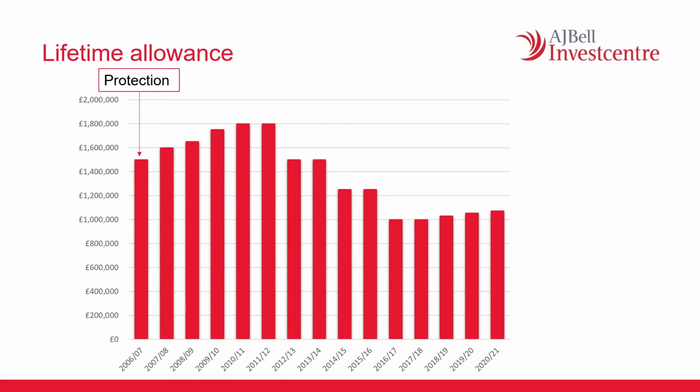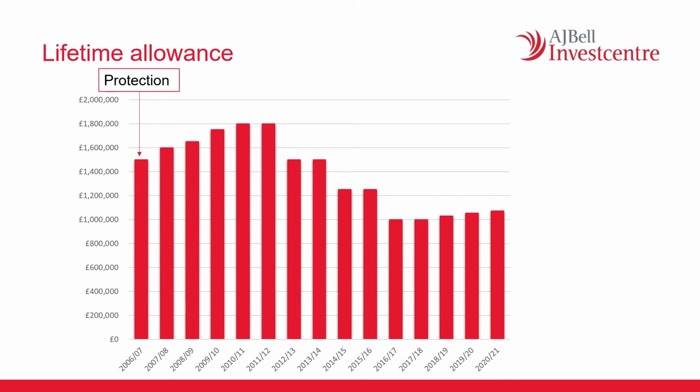Since then, whenever we've had a reduction in the lifetime allowance, then in a similar way, there have been protections introduced to protect those people who had built up pension funds on the basis that the lifetime allowance was going to be higher, because it was at the point that they were putting money into their pension, so that when there's a reduction coming along, they can still protect what they've already saved.